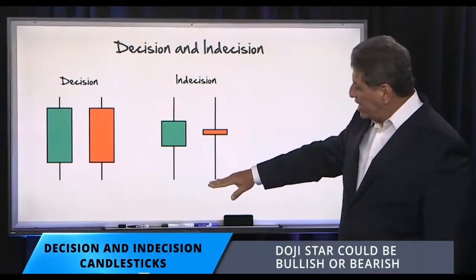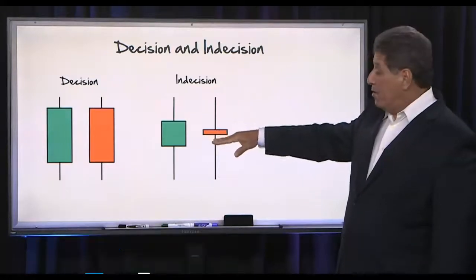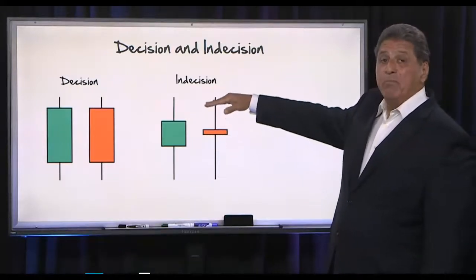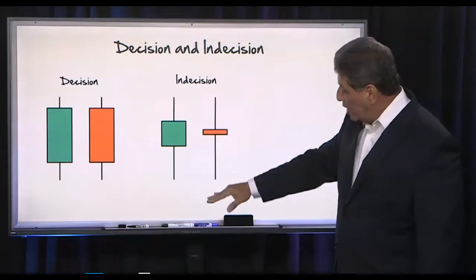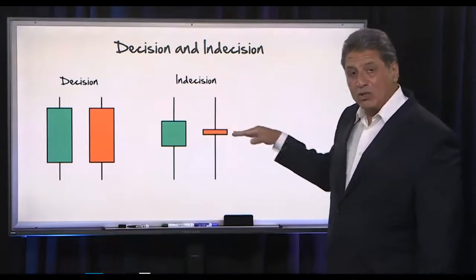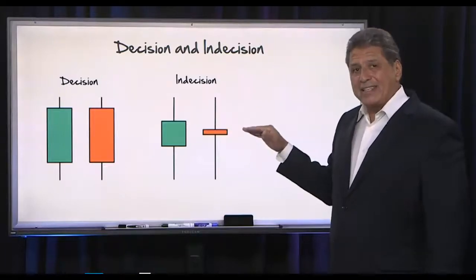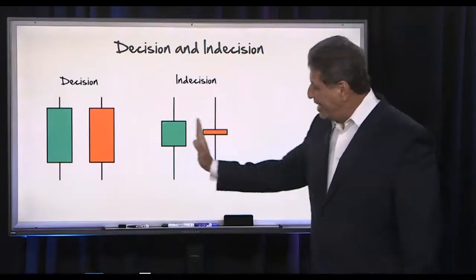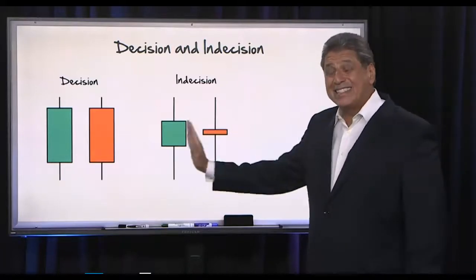But when bulls stepped in and brought prices back up, it literally became a bullish candle with a long wick to the south, and then the bears came in, brought prices back down, and closed near or at the same price that it opened. Once again, these are called indecision candles.